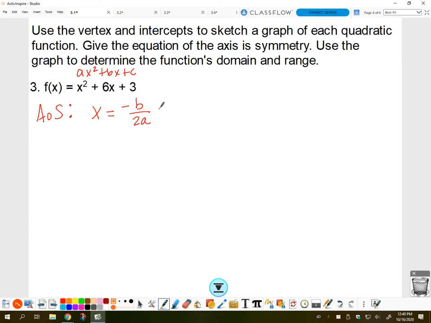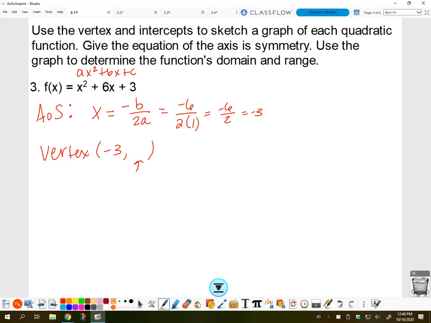When I say opposite of b, I mean opposite of this term, so -6 over 2 times a, which means the number here, so 1. So we have -6 over 2 or -3. So axis of symmetry is x equals -3, which means that your vertex is at -3 something.